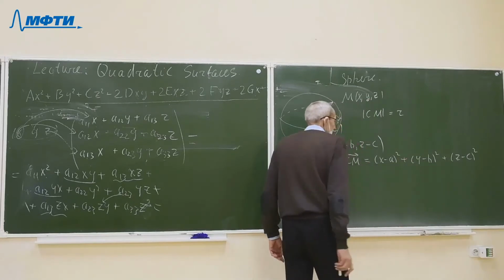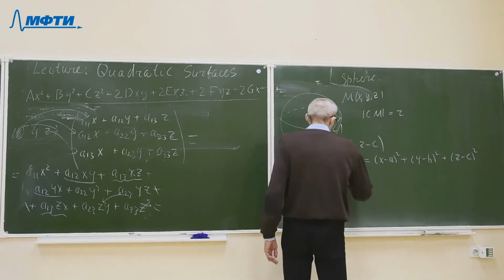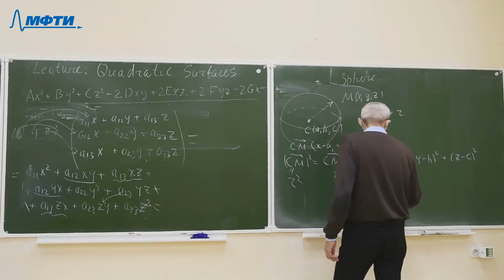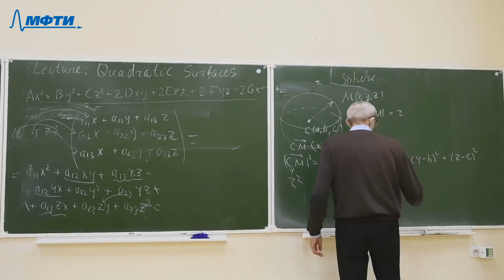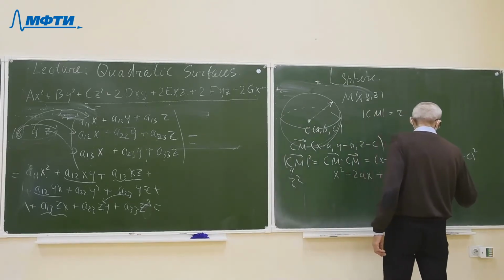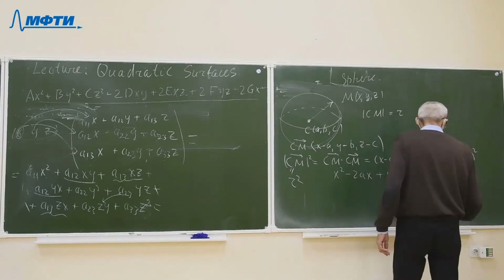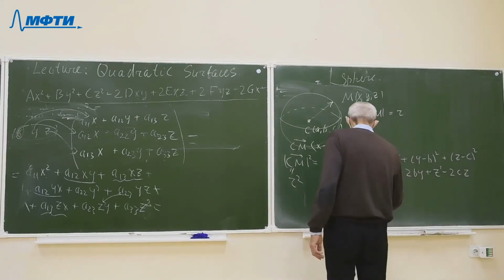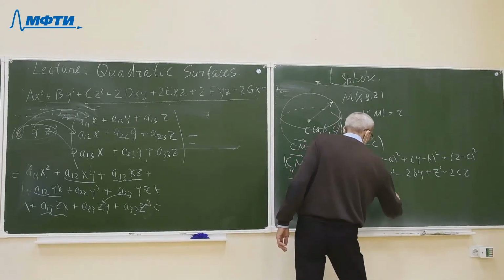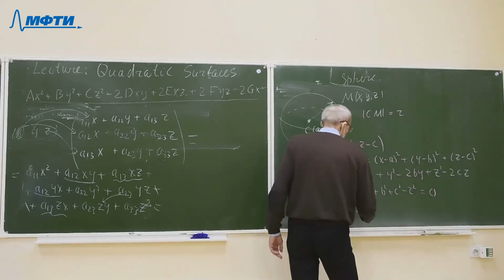This equation we can rewrite in the following form: x squared minus 2ax plus a squared, minus 2by, plus z squared minus 2cz, plus a squared plus b squared plus c squared minus r squared is equal to 0.